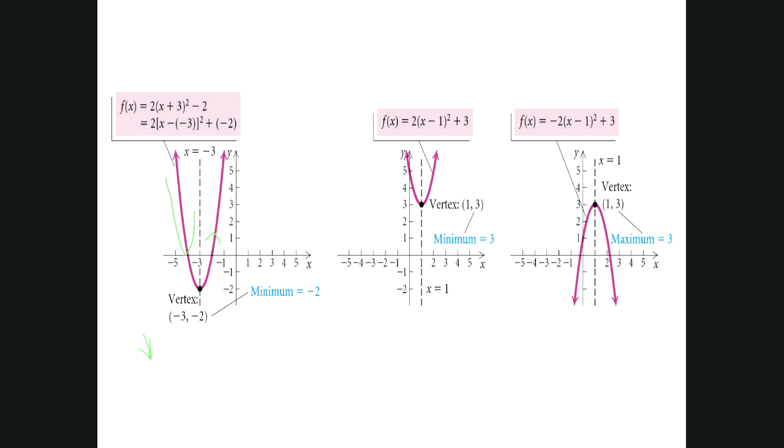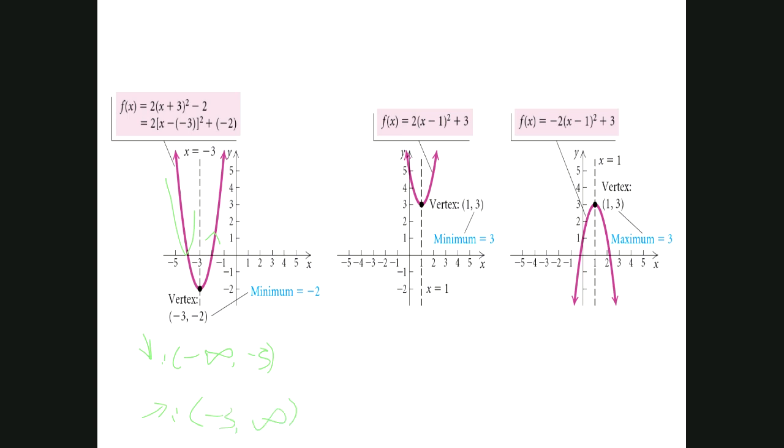Well, my decreasing interval will be from -infinity to -3. Look at it, because anything to the left-hand side is decreasing. The graph is going down. So that's decreasing. And which part will be increasing? Well, past the vertex, the graph becomes increasing. So this will be from -3 to infinity.